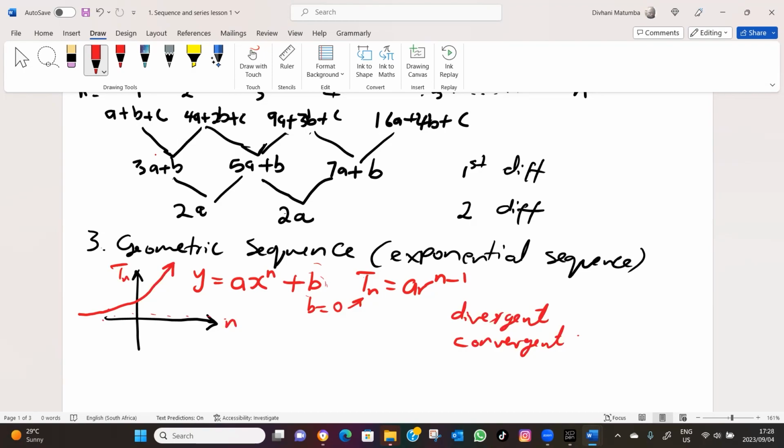Meaning, if we are moving along this function horizontally up to infinity, we will not reach a final value. As we move up to infinity, we won't reach a final value. That is why we call it a divergent function.